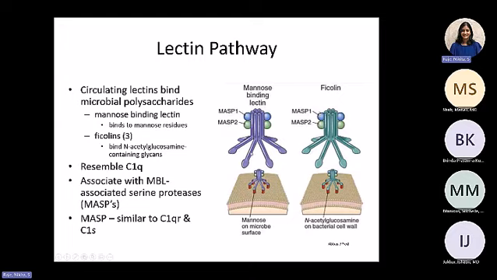Mannose binding lectin binds to mannose residues and ficolin binds to N-acetylglucosamine. All of these mannose and glucosamines are not part of typical human cells. So these pathways are smart enough to target molecules that are mainly on microbial surfaces, like the fungal wall or bacterial cell wall.